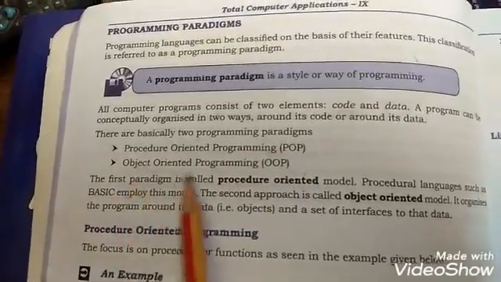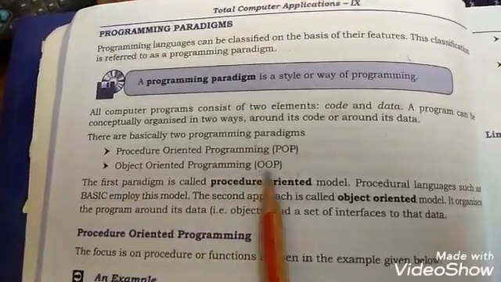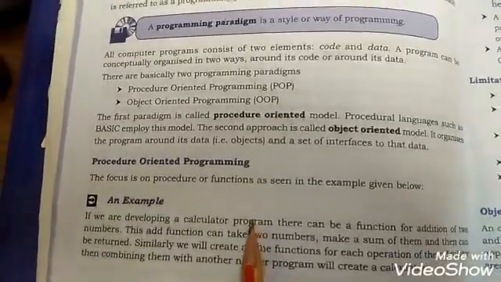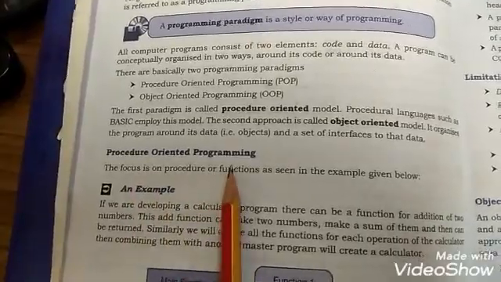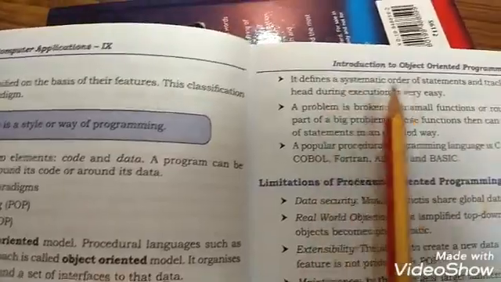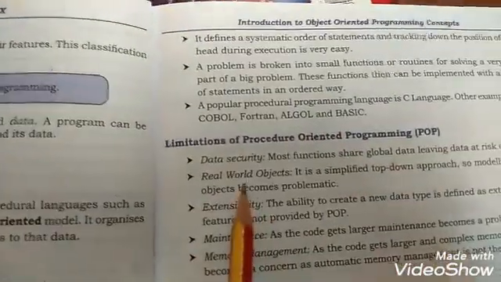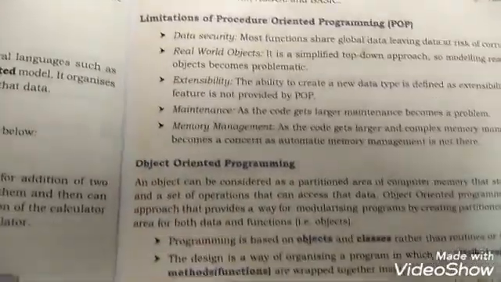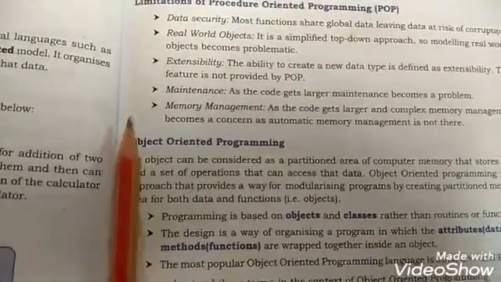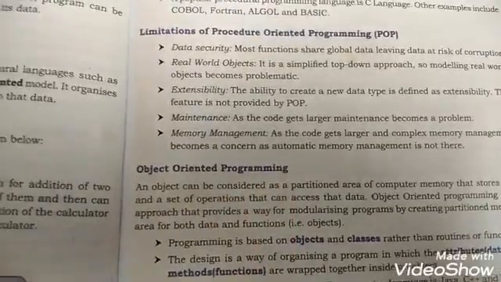Then another was the object oriented programming, that is OOP. And we have discussed regarding the procedure oriented programming, its different features and its limitations. Today we are going to learn or discuss about the object oriented programming.